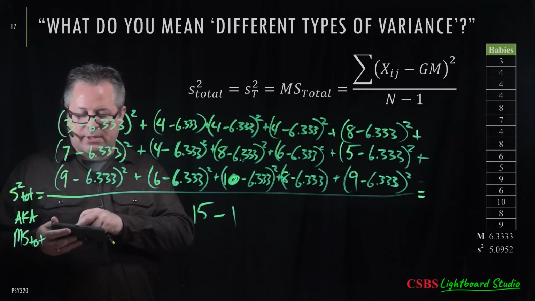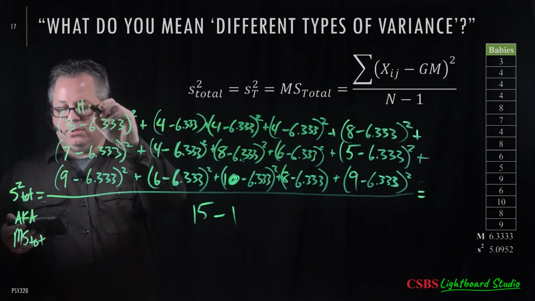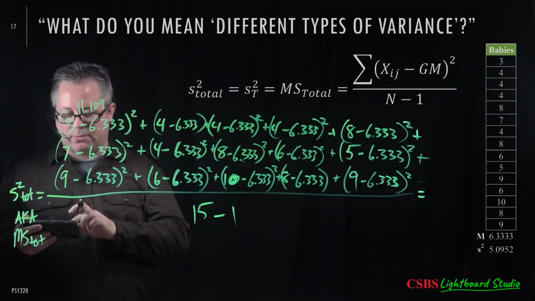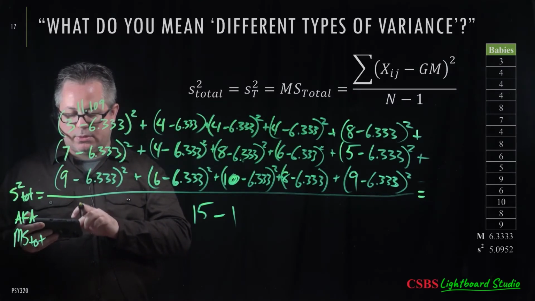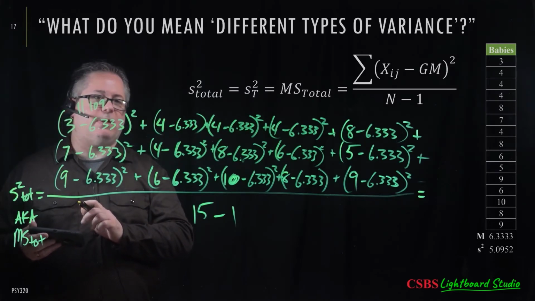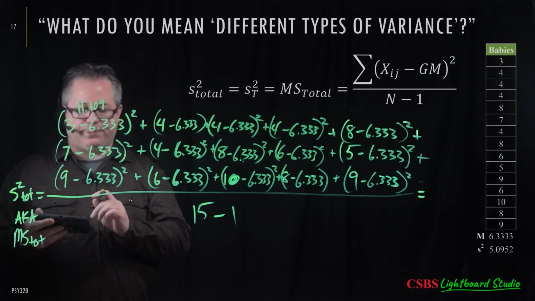I'm going to square that. So this is 11.109. Let's make sure I did that right. Yep. Are there any other 3s? Nope, it's the only one.